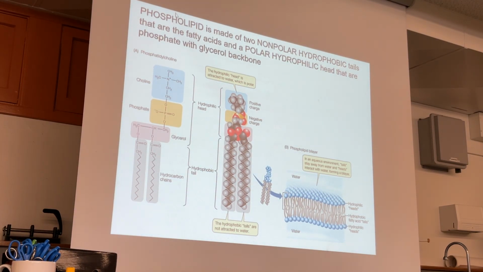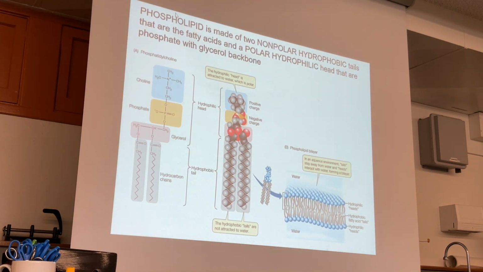So if you imagine a cell, I don't like the way that they drew this cell membrane, but it's actually a circle, right? If you imagine a circular cell, the inside of the cell is watery, and the outside of the cell is also watery.